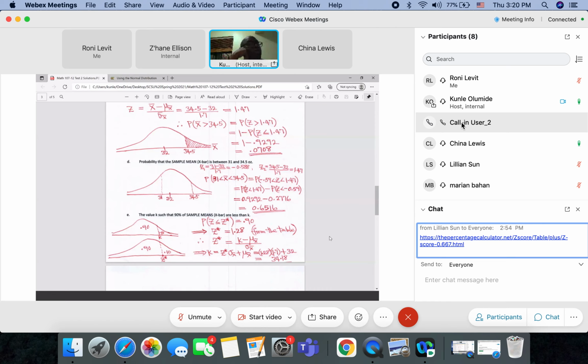So that means you convert both. So you got negative 0.59 for one, positive 1.47 for the other one. So it will be Z less than 1.47 minus Z less than negative 0.59, right?